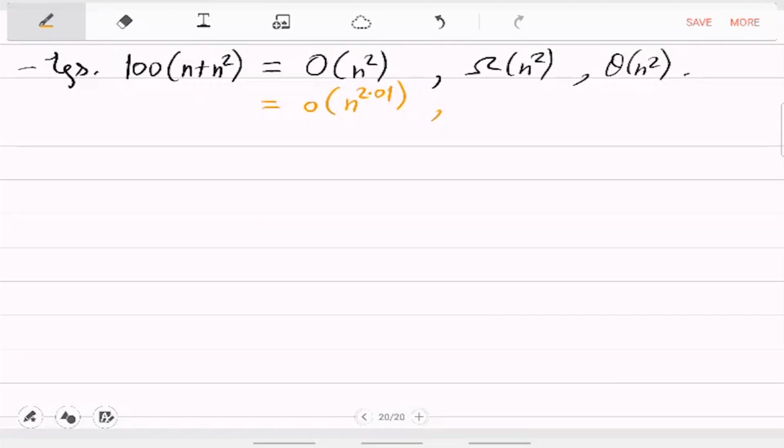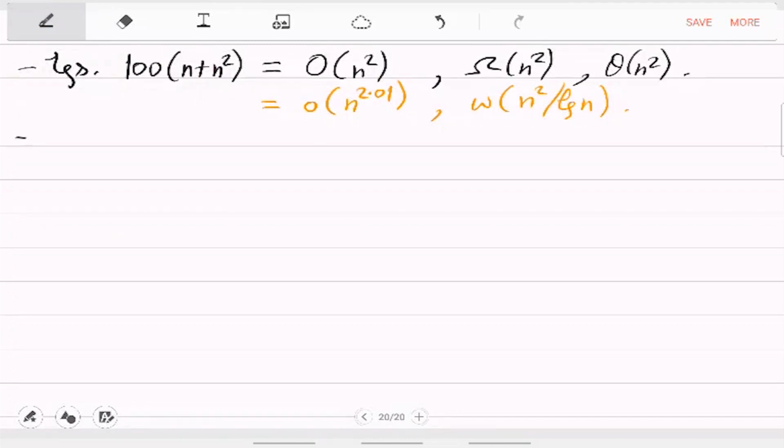In the limit the ratio is 0. On the other hand, it is strictly bigger than n square by log n. Right? n square by log n is strictly smaller than n square. So 100 times n plus n square is actually strictly bigger than this.